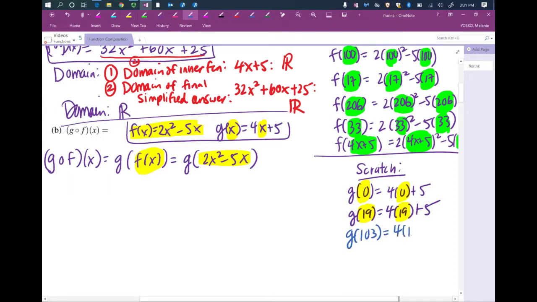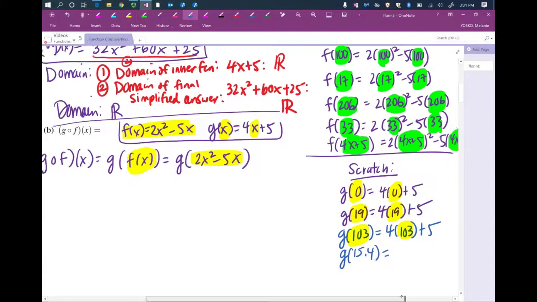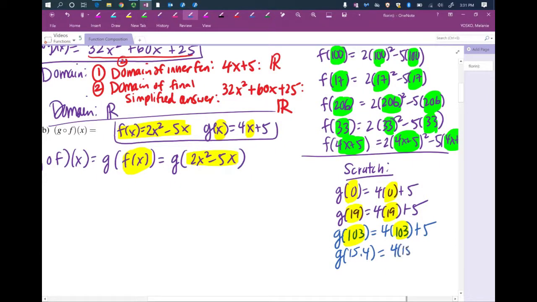Well, that's 4 times 103 plus 5. What's g of 15.4? Well, that's 4 times 15.4 plus 5. What's g of 87? Well, that's 4 times 87 plus 5.